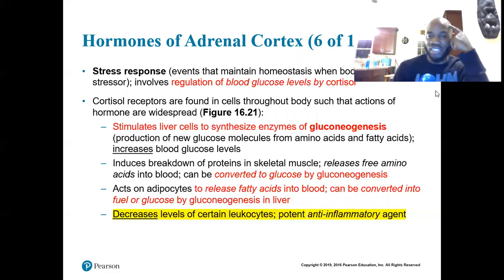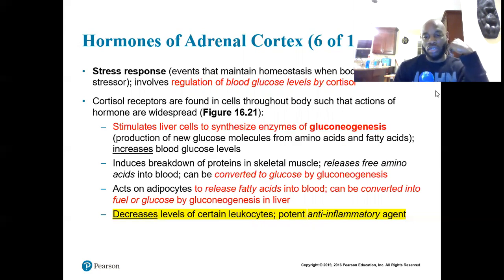It stimulates your liver to synthesize enzymes for gluconeogenesis, so you make more glucose. Glucose is used by your body as energy, right? So you break down muscle, break down those amino acids and make glucose. Break down fat and make glucose, which sounds kind of good.